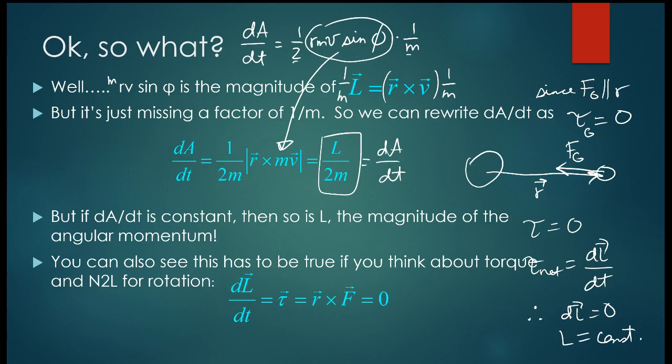And so therefore we have proved what we set out to, which is that L is constant. So therefore dA/dt is constant, and planets sweep out equal areas in equal times. So this was a really big realization for Kepler. It was kind of cool.